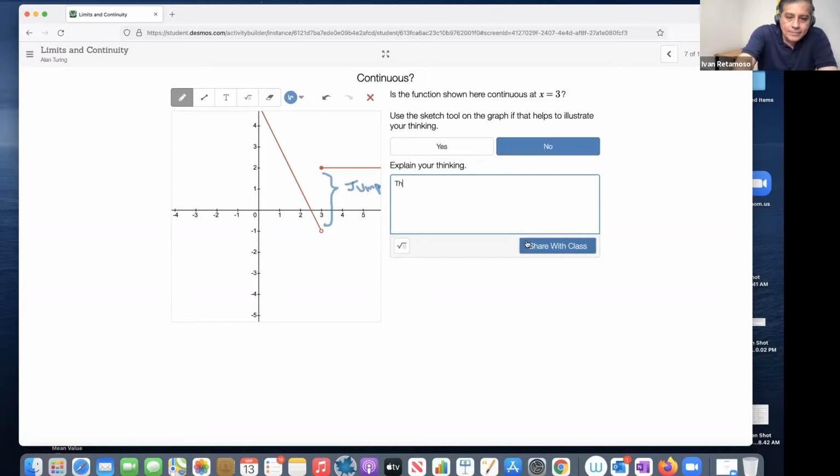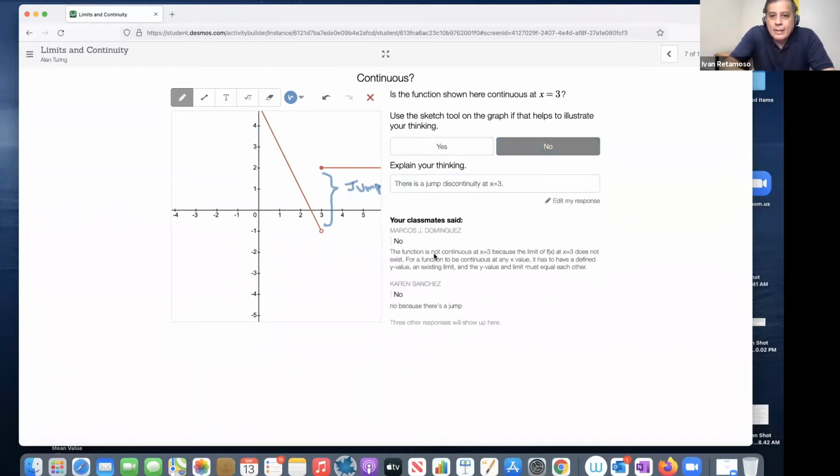And again, I would say this: there is a jump discontinuity at x equal 3. But if you want to use a different support for this answer, feel free to do that.